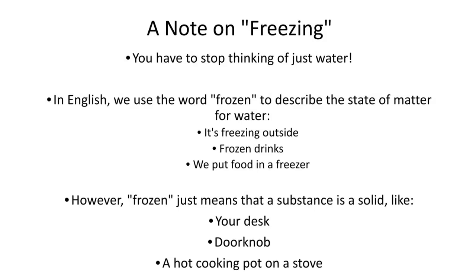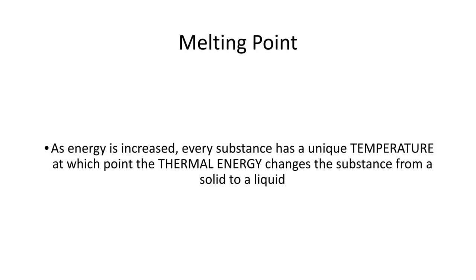You can even take a hot cooking pot, put it on the stove, and that hot cooking pan could be 400, 500 degrees. But as long as it's a solid, we call it frozen. So a 500-degree piece of metal on your stove, we would consider frozen. All right.